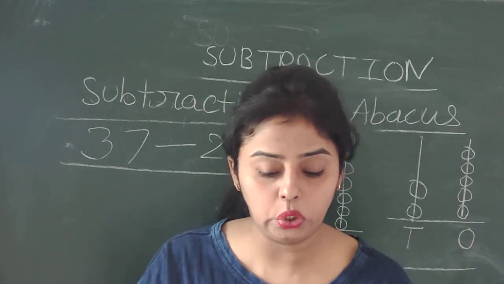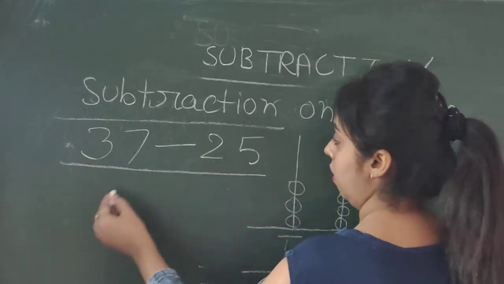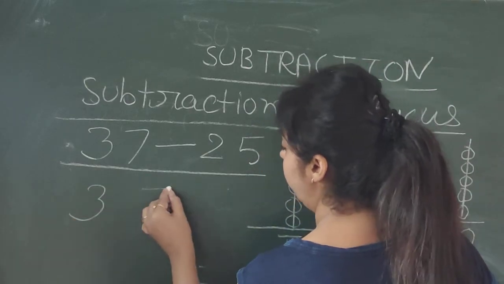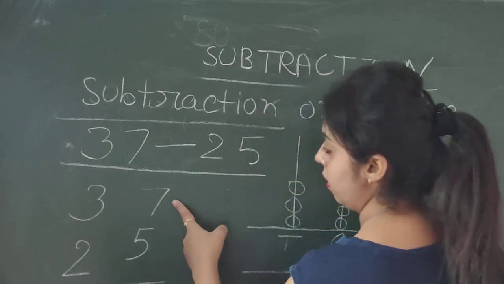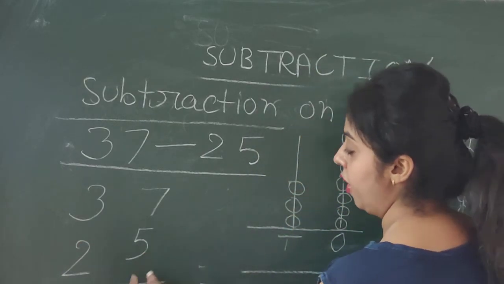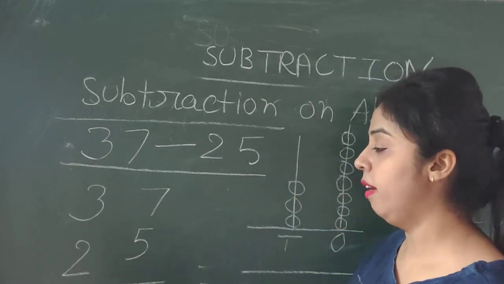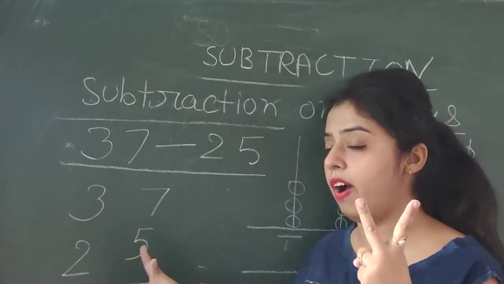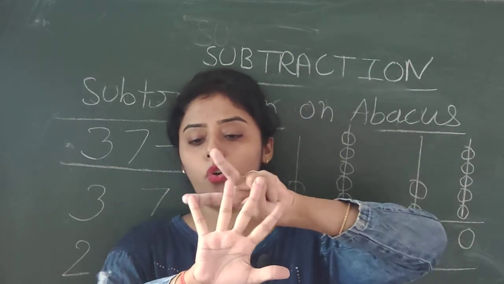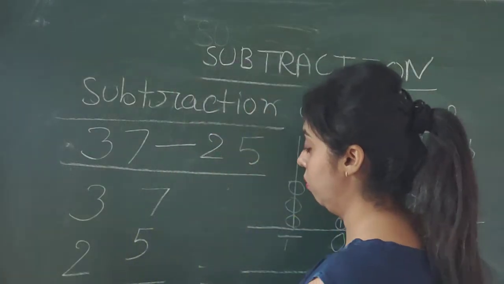So answer: 37 and 25. 7 subtract 5. Count the 7. 5, 6 and 7. Subtract 5. 1, 2, 3, 4, 5. Subtract. Answer is 2. 1 and 2.